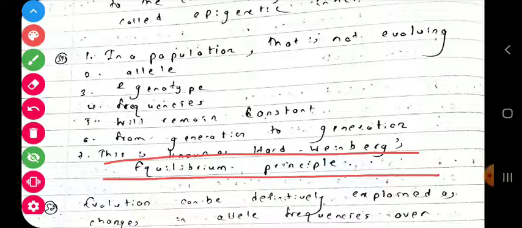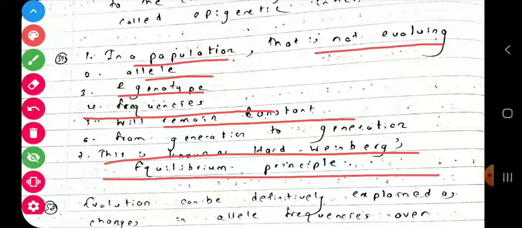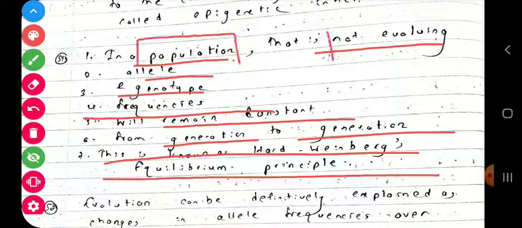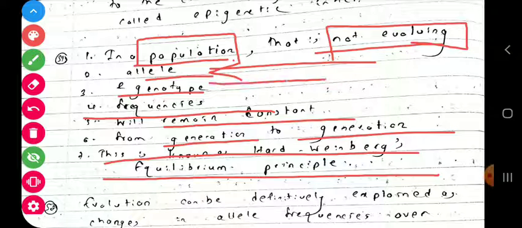In a population that is not evolving, the allele and genotype frequencies will remain constant, unchanged, from generation to generation. This is known as Hardy-Weinberg's equilibrium principle.